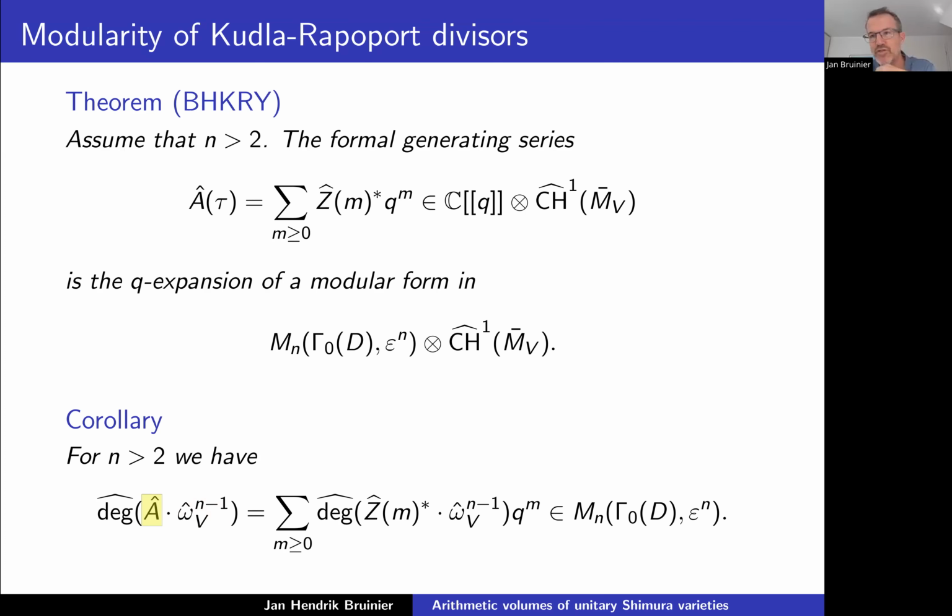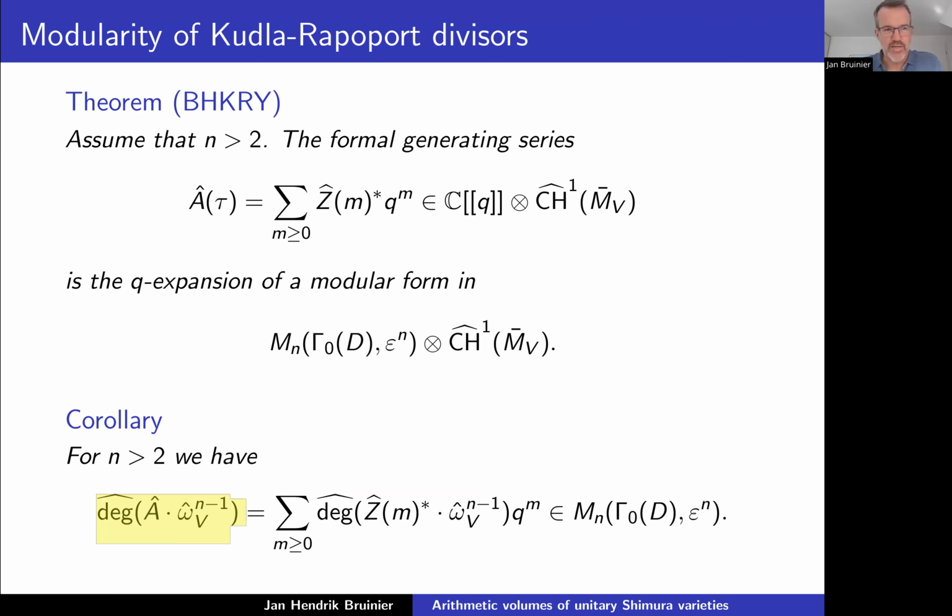The coefficients will then be in the top degree Chow group, and then we can take the arithmetic degree to get numbers. So in other words, the coefficients are the arithmetic intersections of this power of the Hodge bundle with these arithmetic Kudla-Rapoport divisors.